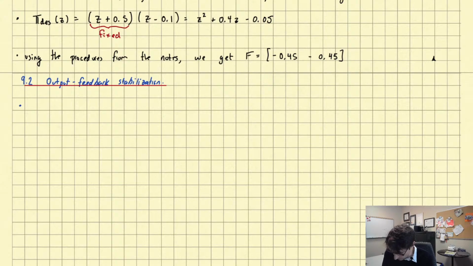So let me just set this up a bit. It is usually impossible or too expensive to have a sensor measure each state variable.